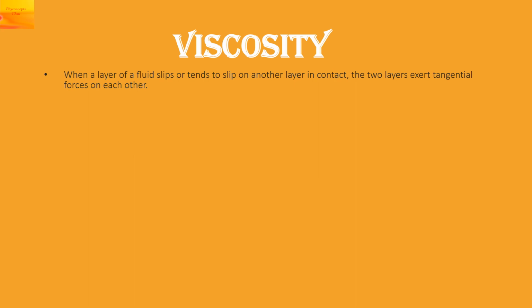Viscosity is a property of the fluid to oppose the relative motion between its different layers. When two layers are in contact, they exert tangential forces on each other, which opposes the relative motion between the layers.